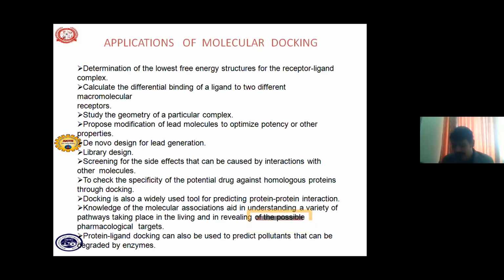Then you can even study the geometry of a complex. You can modify your ligand again and again and optimize its potency. As a very simple example, take a benzene ring. If I put one OH, it acts like a phenol. If I put NH2, it becomes an amine.